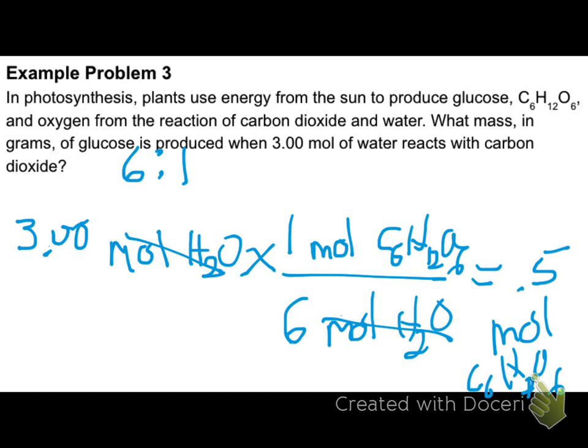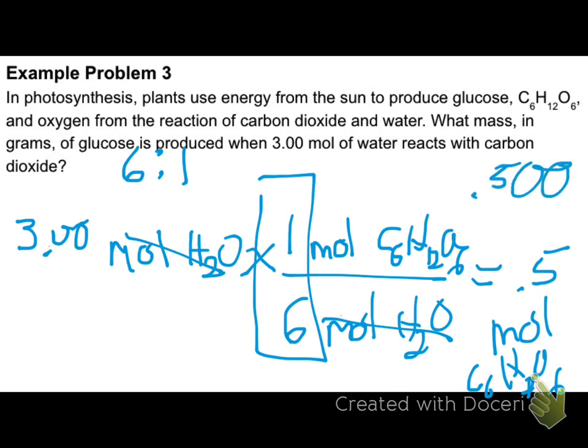I know there's only 1 sig fig in our conversion factor, but remember that conversion factors are exact numbers, so we exclude them from significant figures, which means we should have the same number of significant figures as our starting product, which has 3, so we should actually have 0.500 moles if we want to maintain the correct number of sig figs for this problem. That's how many moles of glucose we have.